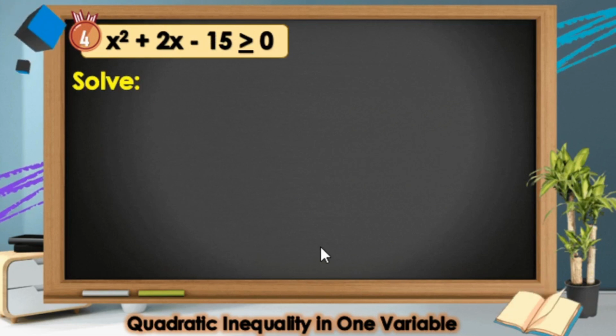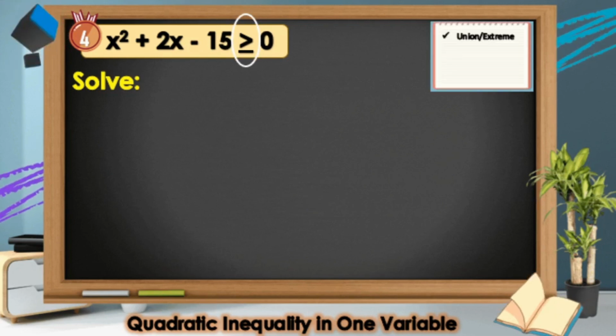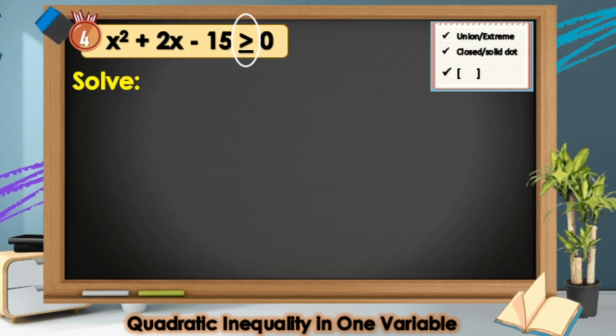Let's try number 4. X squared plus 2x minus 15 is greater than or equal to 0. So, tingnan ulit natin ang ating inequality symbol which is greater than or equal. So, therefore, the graph should be extreme or union. It should be closed dot or solid dot. And the solution set should be enclosed in a bracket.